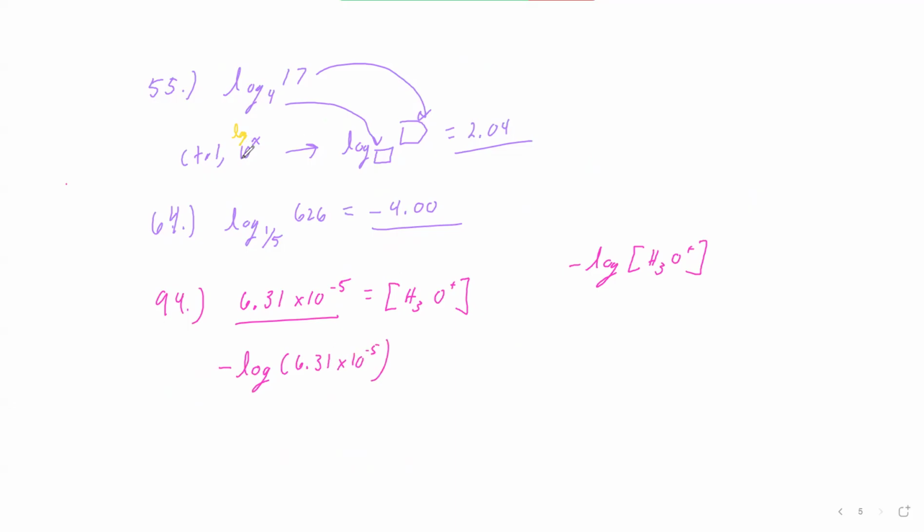Now, if you're trying to put it in the calculator here, if you leave that little square blank, the calculator will know that it's a 10, or you can plug in a 10 if you would like.